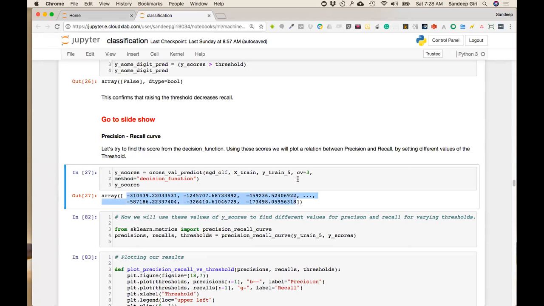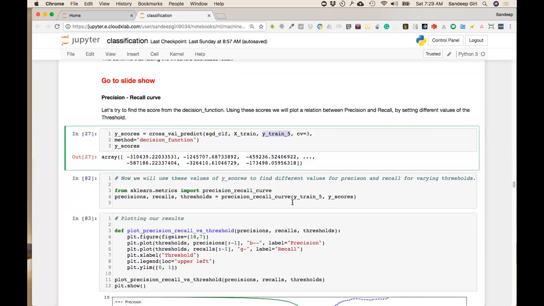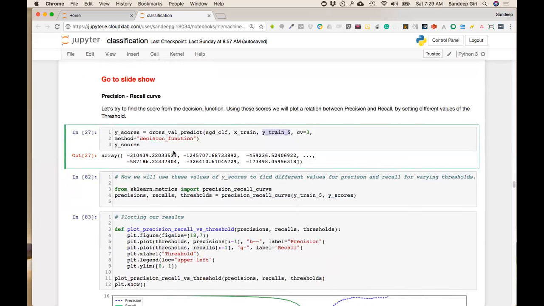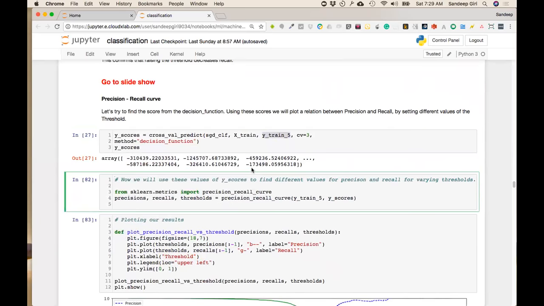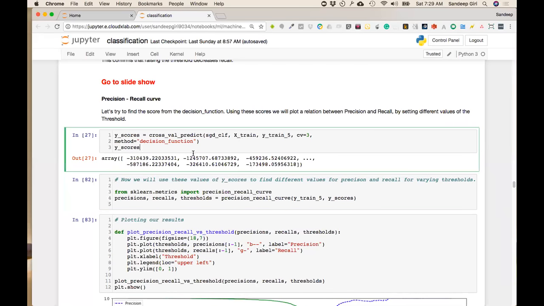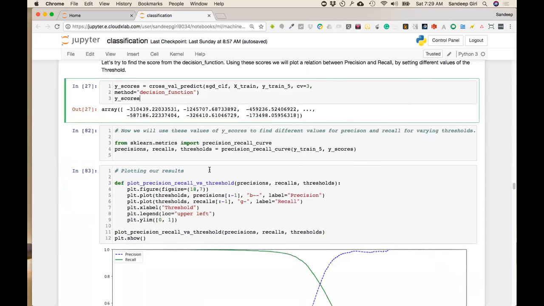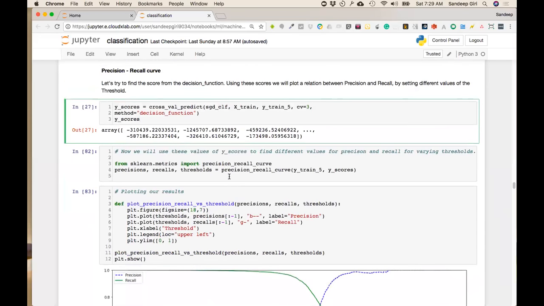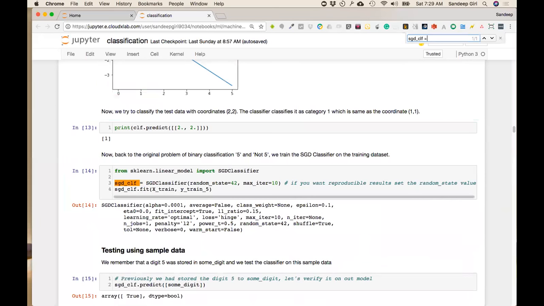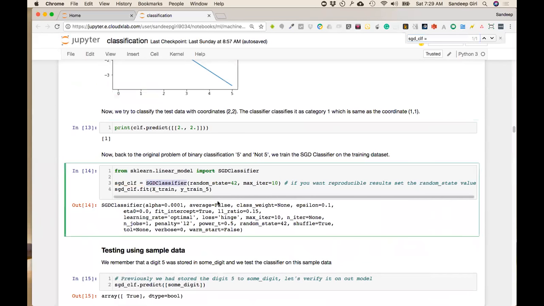For X_train data, it has produced the scores. And what does SGD classifier stand for? This is the SGD classifier algorithm that we created earlier. You remember this? This is what we did earlier. So it represents SGDClassifier and random_state.